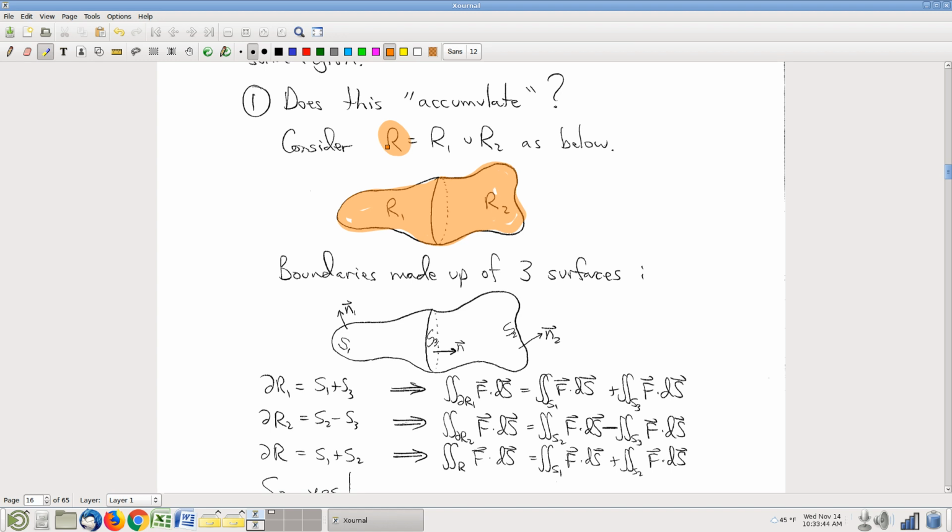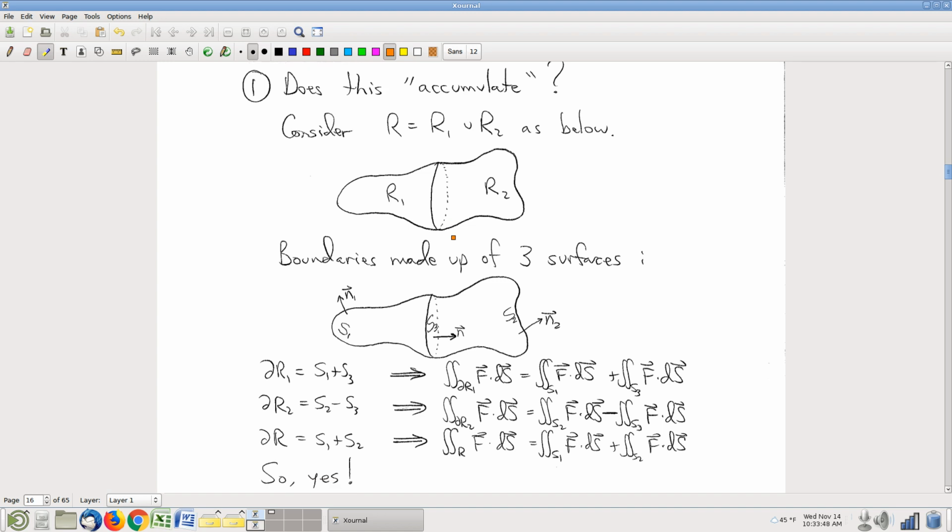Okay, well, so let's take an algebraic point of view on this first. By the way, just to be able to have things that I can talk about, I'm going to talk about this shared surface there. I'm just going to arbitrarily orient it that way. It doesn't matter, really, in the big scheme of things. So I'm going to call that surface S3, the one that's sort of between the two of them.